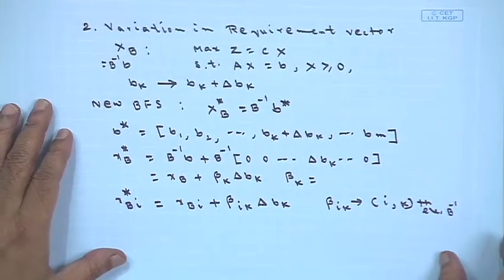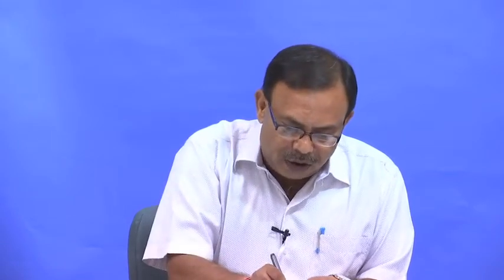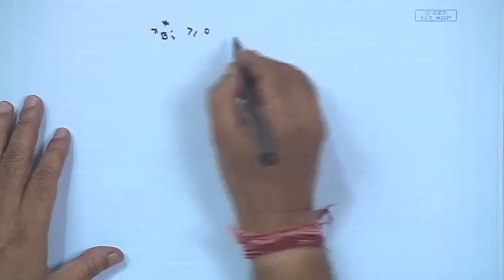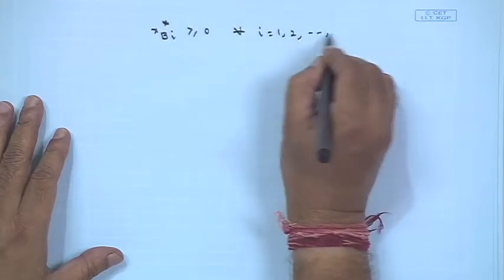Now, let us check the feasibility of this new solution. Feasibility means your x_Bi star should be greater than or equal to 0 for all i equals 1 to m.